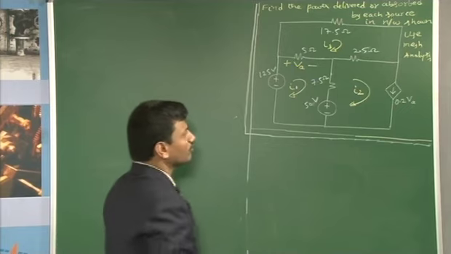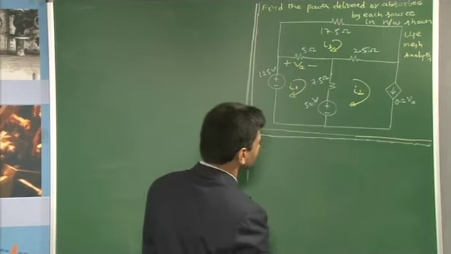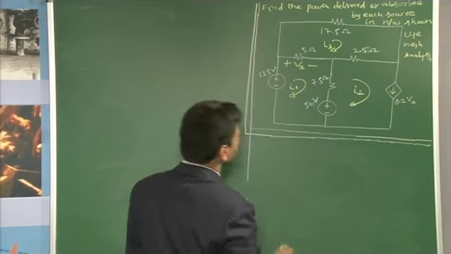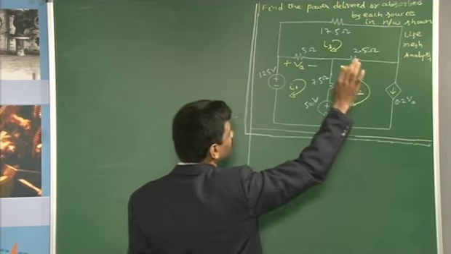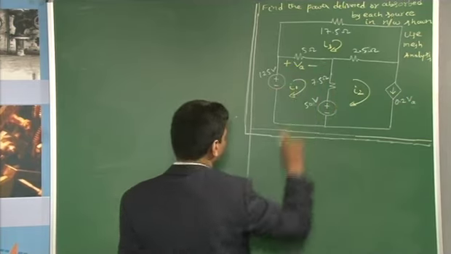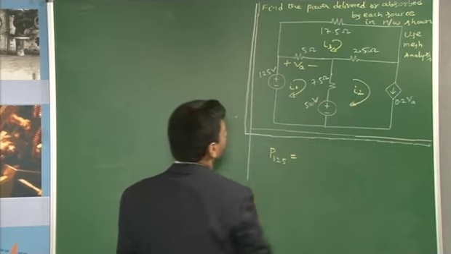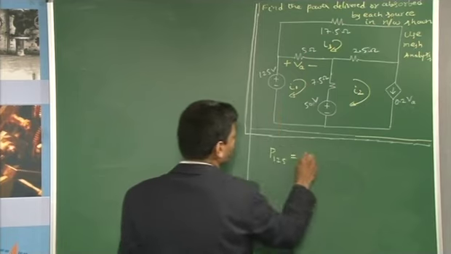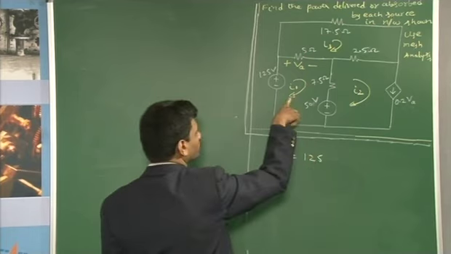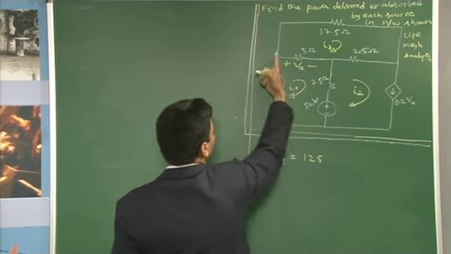Now, the power delivered by the 125 volt source is, as already told, the voltage source value 125 multiplied by the current that comes out of the positive polarity.